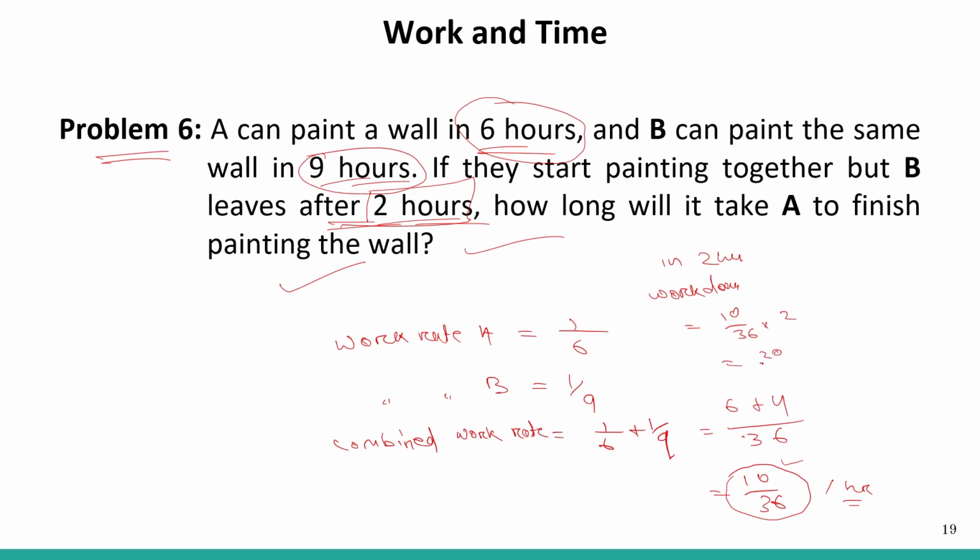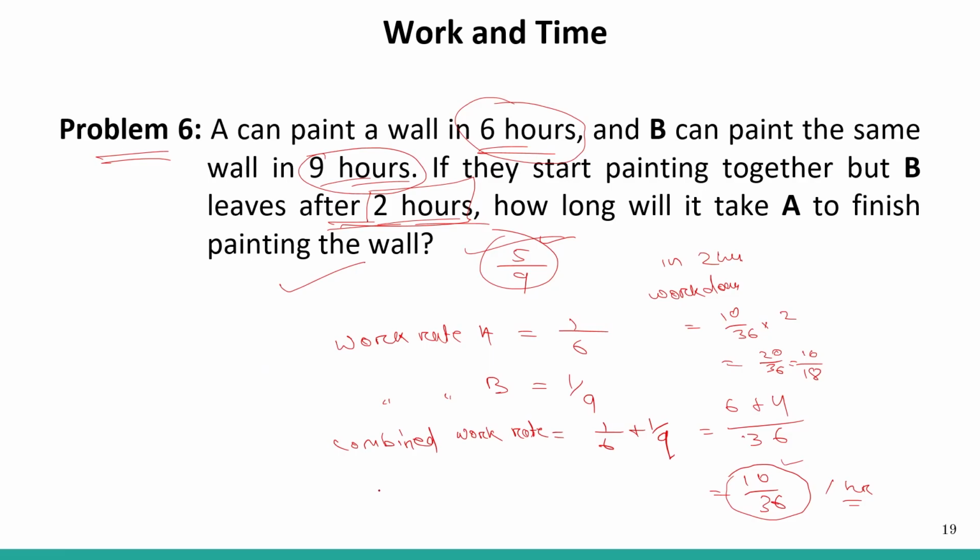That is equal to 20 by 36. That is nothing but 10 by 18, right? So 10 by 18 is nothing but 5 by 9. So 5 by 9 of the work is done in 2 hours. Okay, so how much is the remaining work?